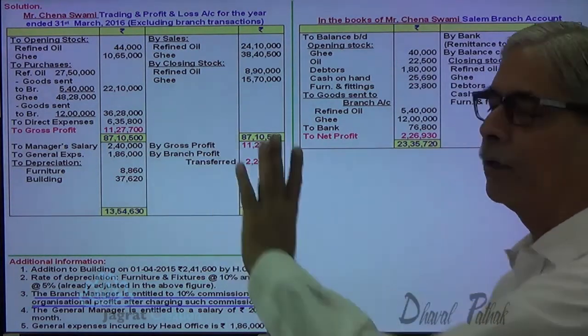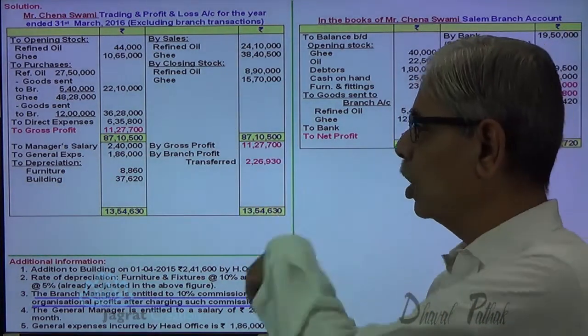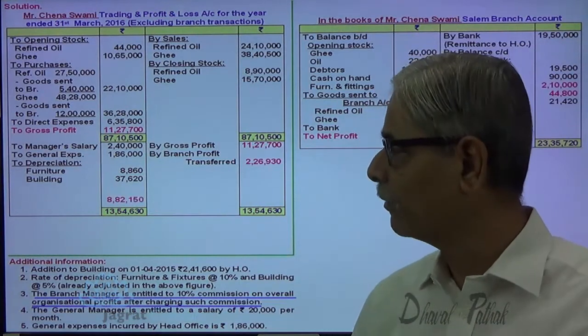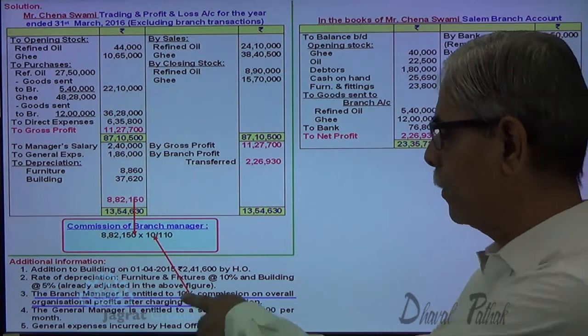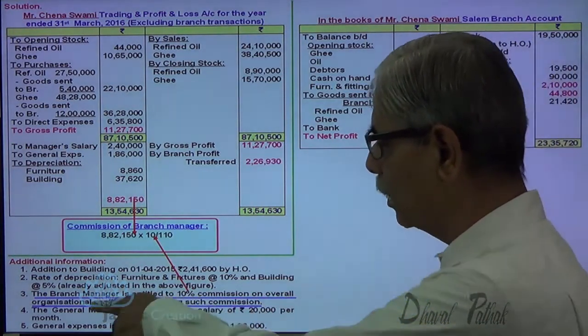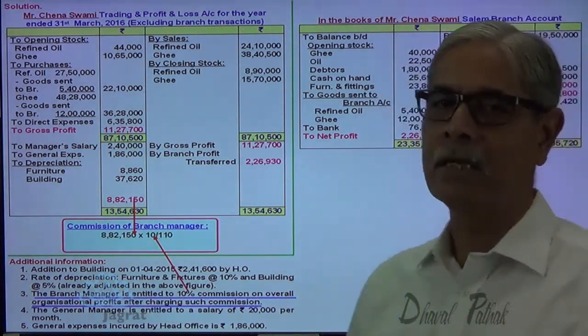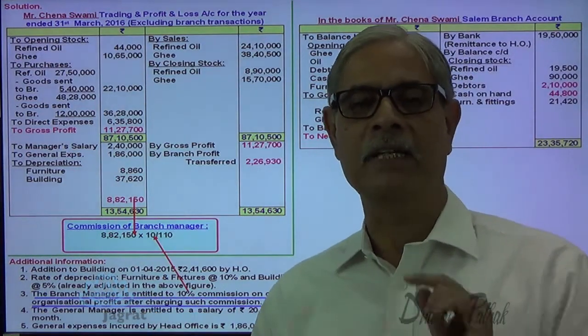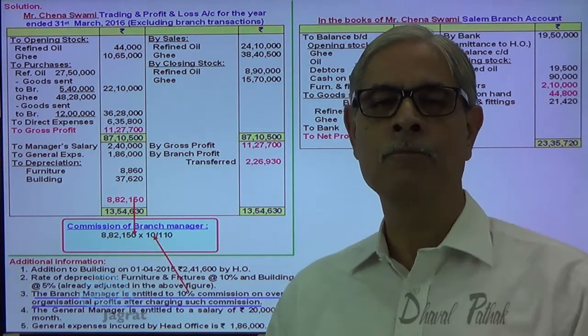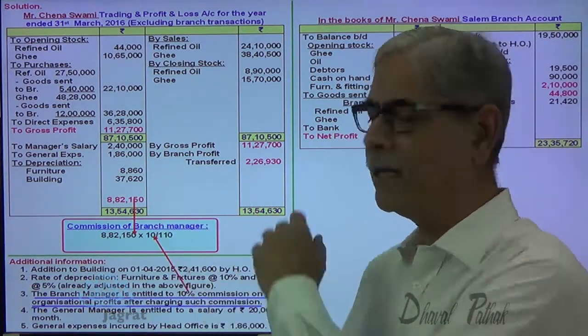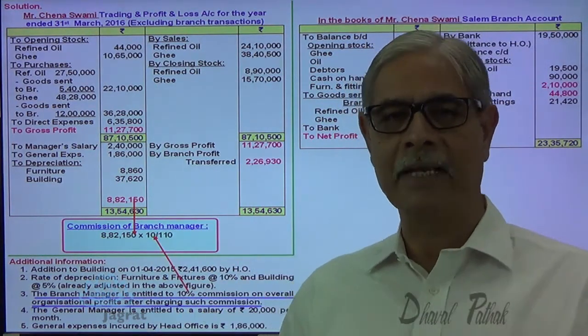Now you will get the profit before commission. So total of credit minus total of debit gives the profit before commission, on which you are required to work out 10% commission on the overall organization after charging such commission. So if profit after commission is 100, then 10 is commission. So profit before commission is 110, then 10 is the commission.